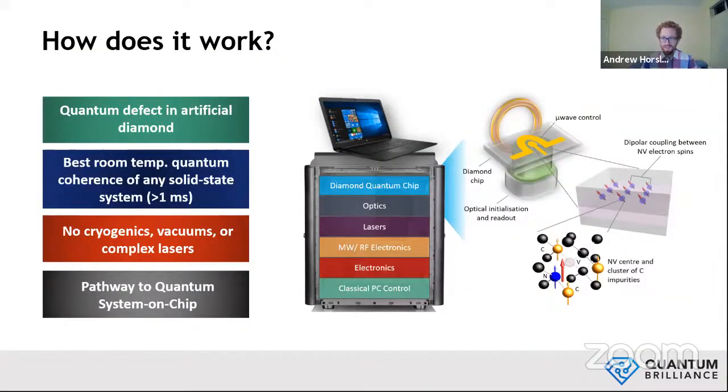So we've had some great introductions today from Ingolf and Matthew about exactly what's under the hood there. We've got a nitrogen vacancy center at the core of our device. So we've got spin qubits, just like the spin qubits in a trapped ion or neutral atom computer. The difference here is that they're trapped inside a diamond crystal lattice.